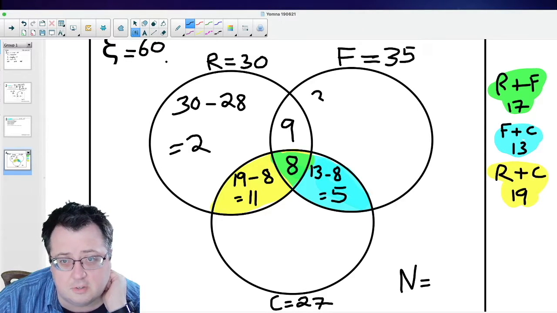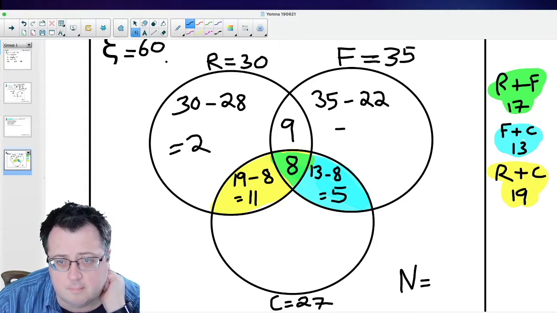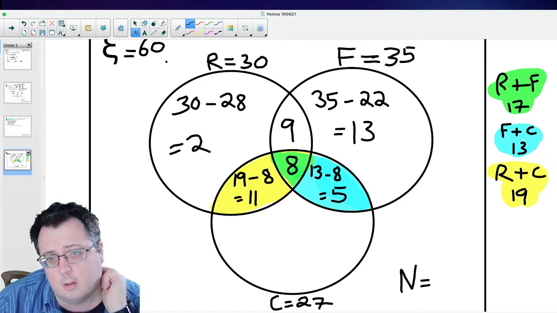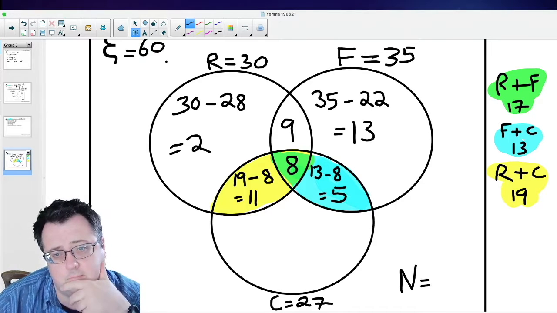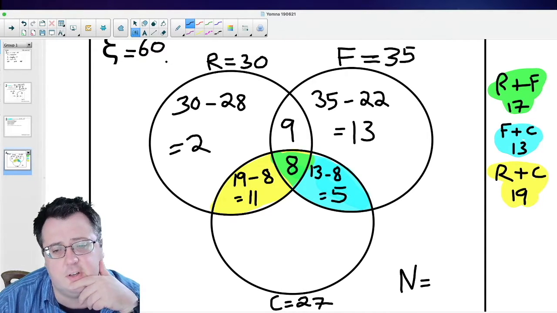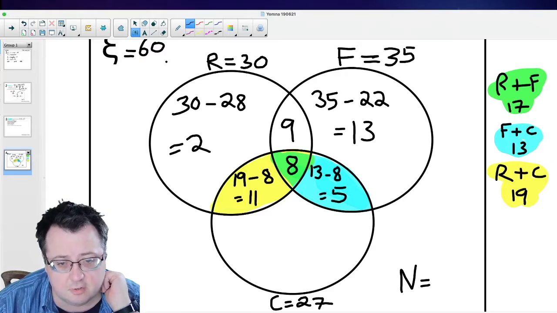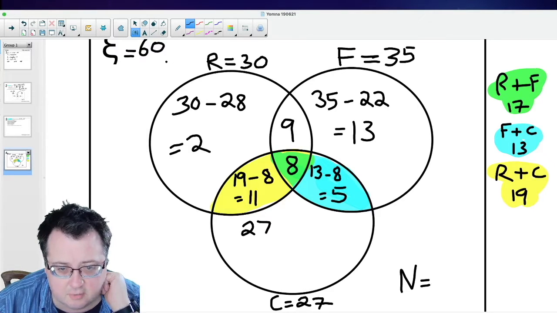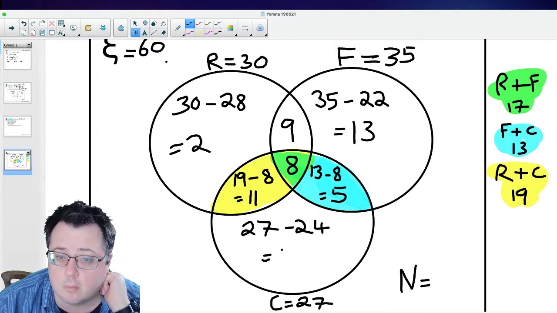So I'm going to be doing 35 minus 22, which is 13. And lastly, the cricket circle, 11 plus 8 is 19, plus 5 is 24. So 27 minus 24 is going to give me 3. Okay?